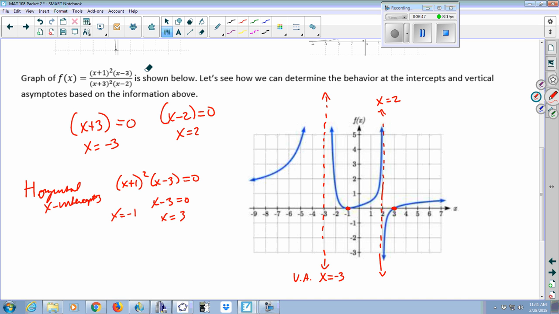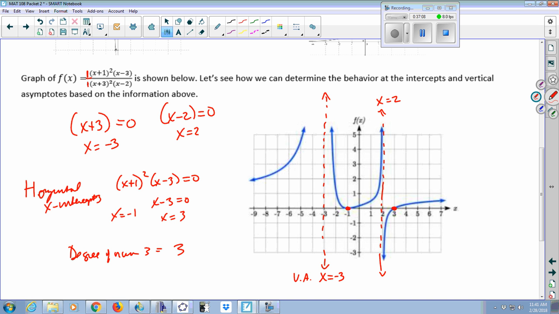Degree of numerator is 3. What's the degree of my denominator? 3. They are equal, so it's the leading coefficients, and aren't we lucky, because the leading coefficient is just 1 on the top and 1 on the bottom.